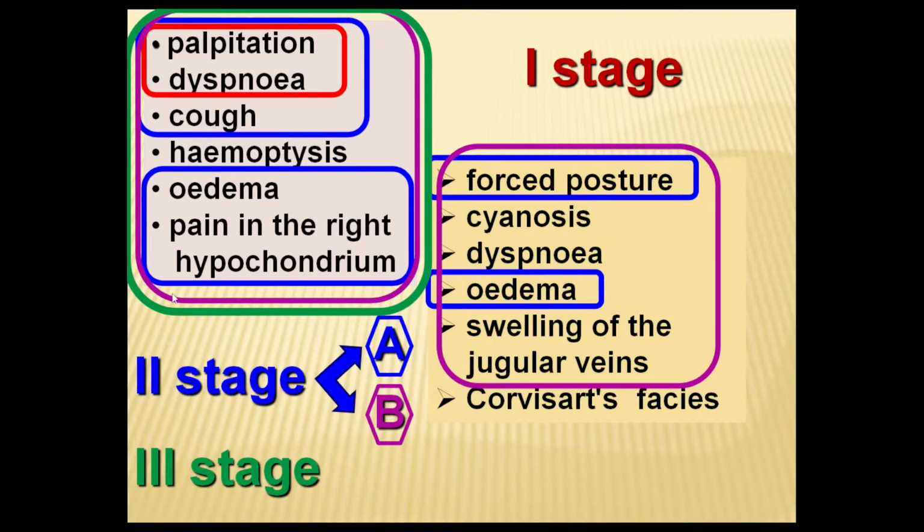Pain in the right hypochondrium becomes more intensive due to the pathological response of the liver and protective enlargement of the liver. First of all, due to overloading with blood, other due to protective response of the liver to damage of hepatocytes.